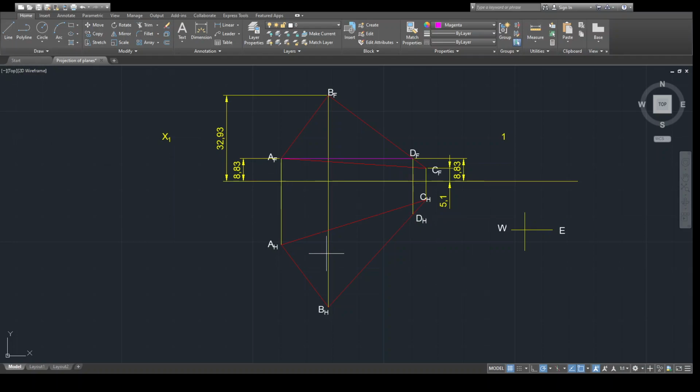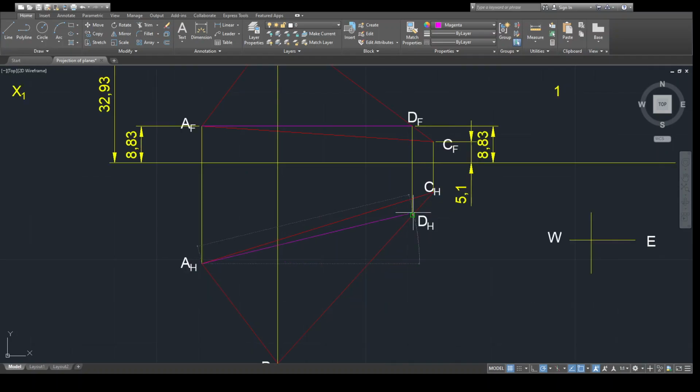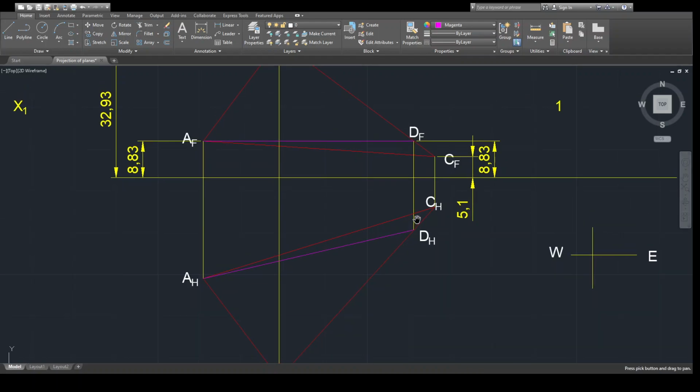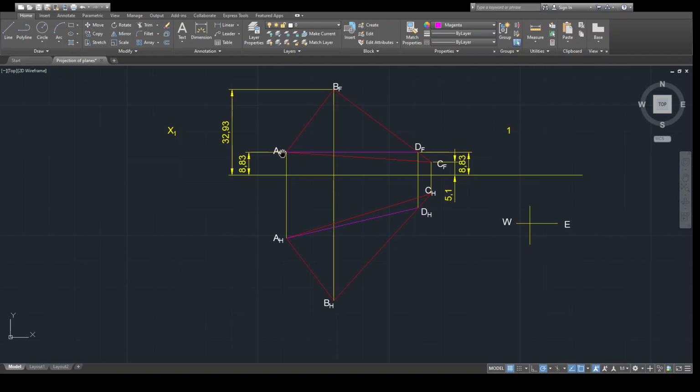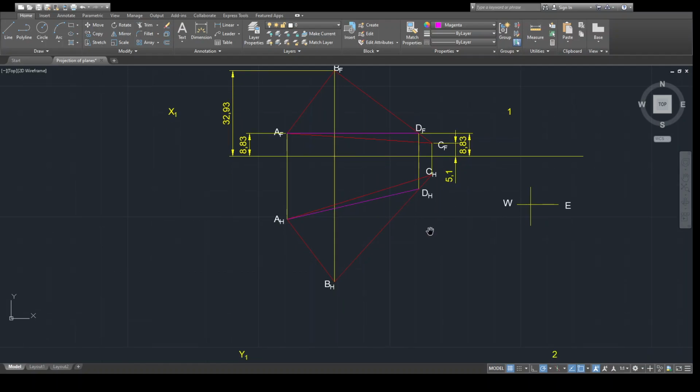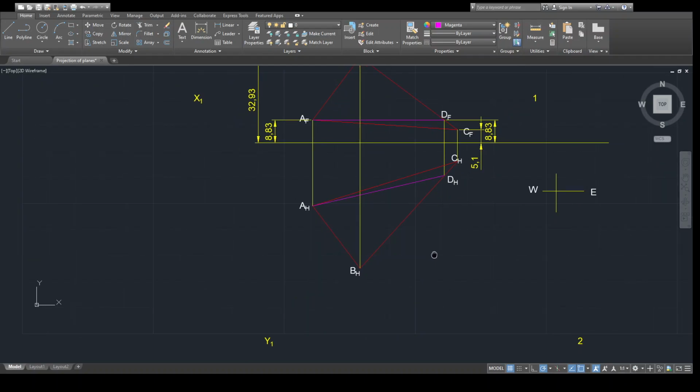Let us join points AH and DH, so the line AH DH becomes the strike line. Remember what we have done: the longest horizontal line from point AF, then its vertical projection down, then joining AH with the new point DH. So AH DH indicates the strike line.